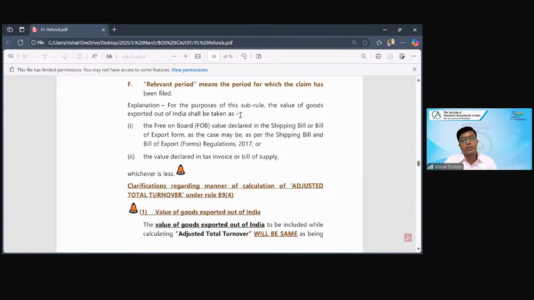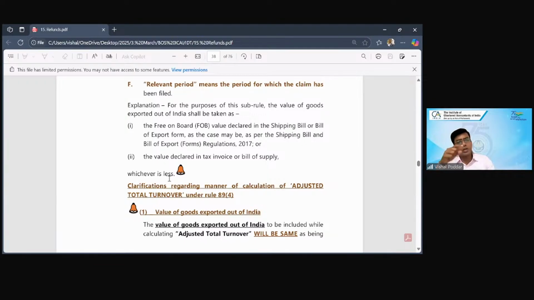Now here, they have interestingly brought in one more condition. Generally this condition is applicable for goods. It says that for the purpose of this sub rule, that is for the purpose of this formula, the value of goods exported out of India shall be the FOB value declared in the shipping bill, or the value declared in your tax invoice or bill of supply, whichever is less.